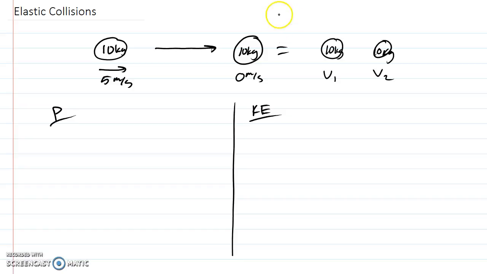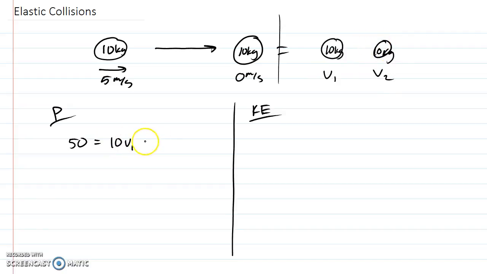On the left side here, our total momentum is only going to be with this right here, because that's the only one with movement. So it's going to have 50 momentum beforehand. Afterwards, though, we're going to have this momentum and this momentum. So for the first object, it'll be 10 times v1.